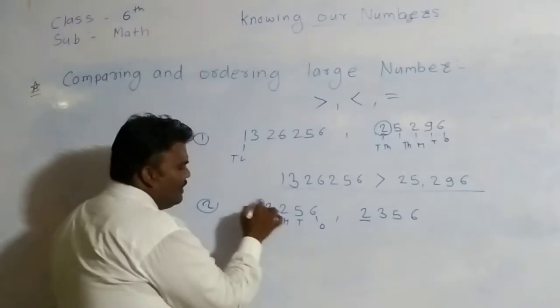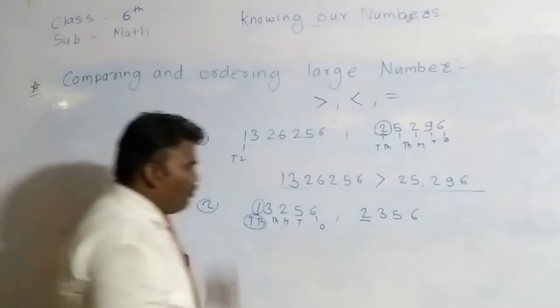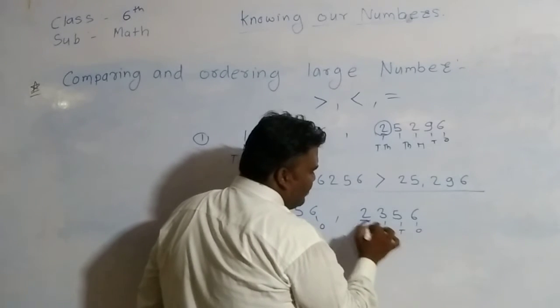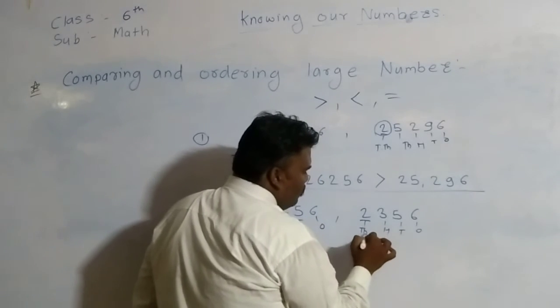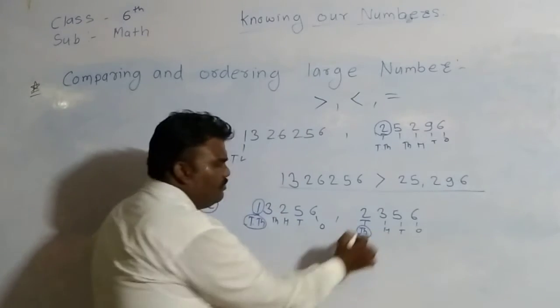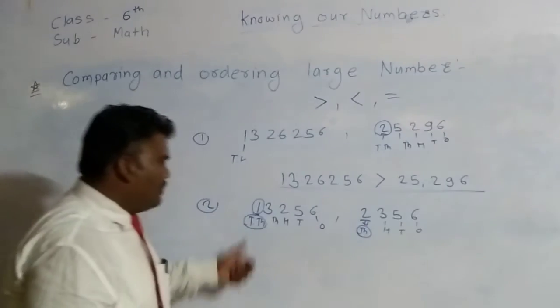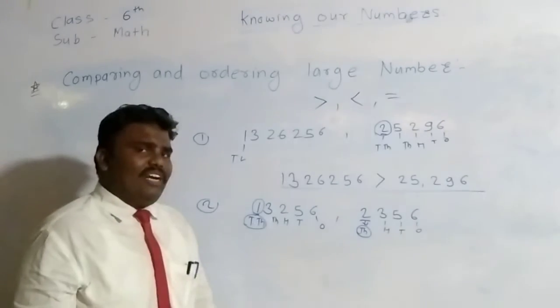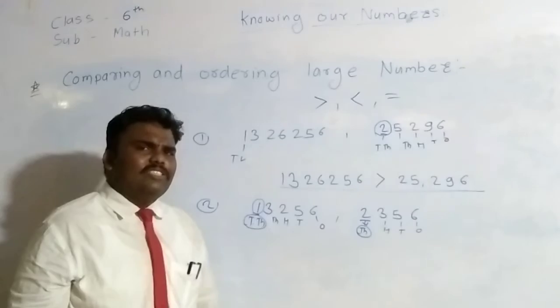Okay, so this one is at the 10,000s place, and what about the other? Ones, tens, hundreds and thousands. So this 2 is at the thousands place and this one is at the 10,000s place. So which one is greater, dear friends? 10,000 is greater than 1,000.